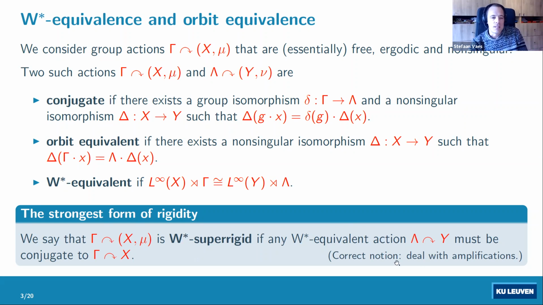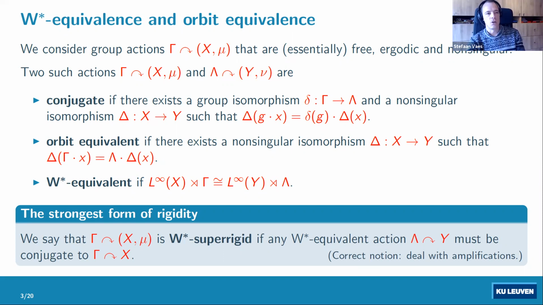And then once again, especially if you deal with infinite measure preserving actions, you have to deal with certain amplifications, but still you can exactly say which other group actions may give rise to the same von Neumann algebra. So that's the topic we are looking at.